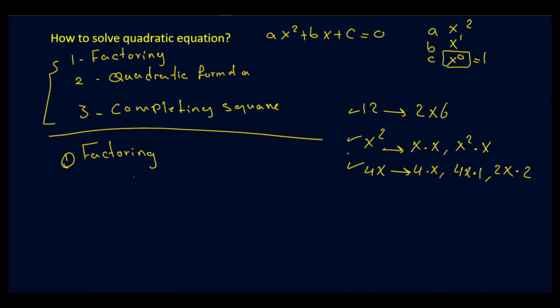Let's start with a very simple example. If we have x squared minus 5x plus 6 is equal to 0. Okay, so how to solve such a thing?